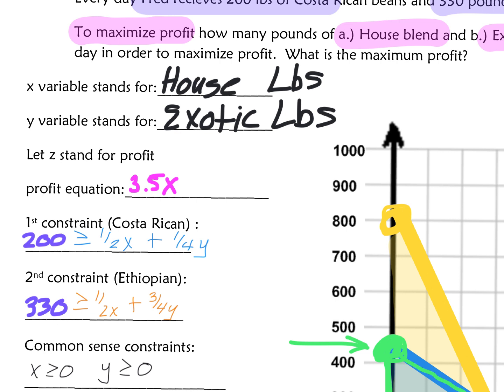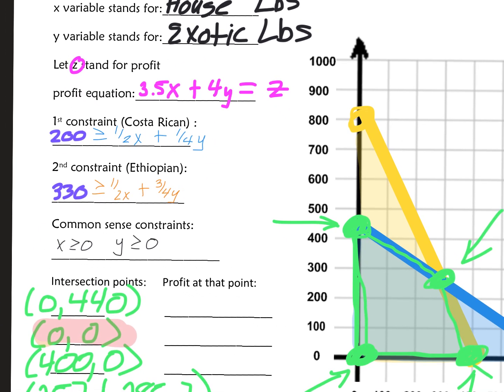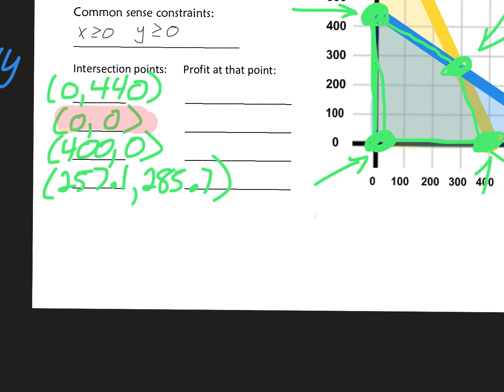So that's going to be 3.5x. He sells the exotic for $4 a pound, so plus 4y. And that needs to be equal to profit. They told us to use Z for profit. So we're going to use this profit equation: 3.5x plus 4y is equal to z.